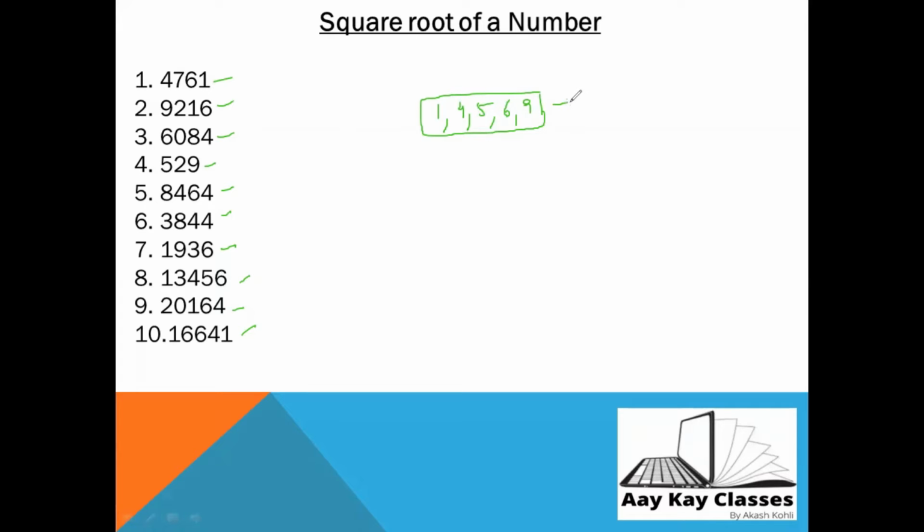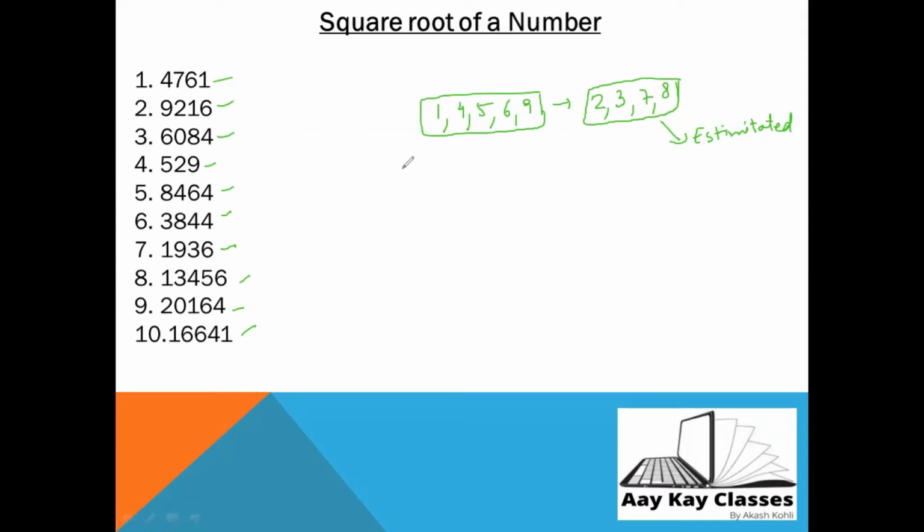Otherwise, if the number ends with 2, 3, 7 or 8, then we can find only an estimated square root, not an exact one. In that case I'll just add or subtract 1 from the number and then find the square root using this method. That will be an estimated square root.